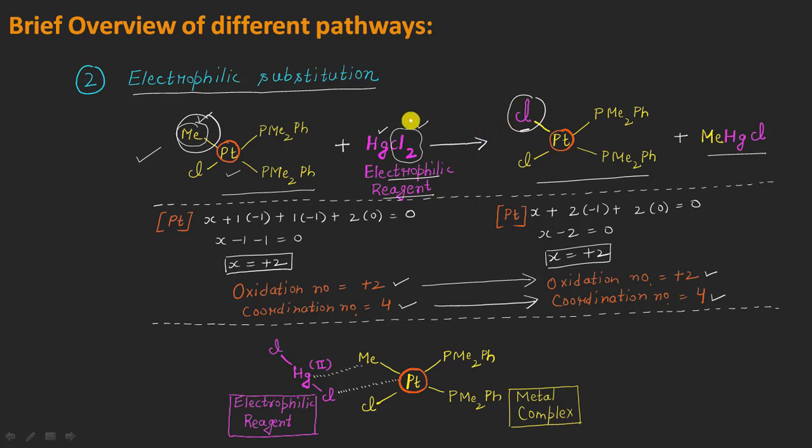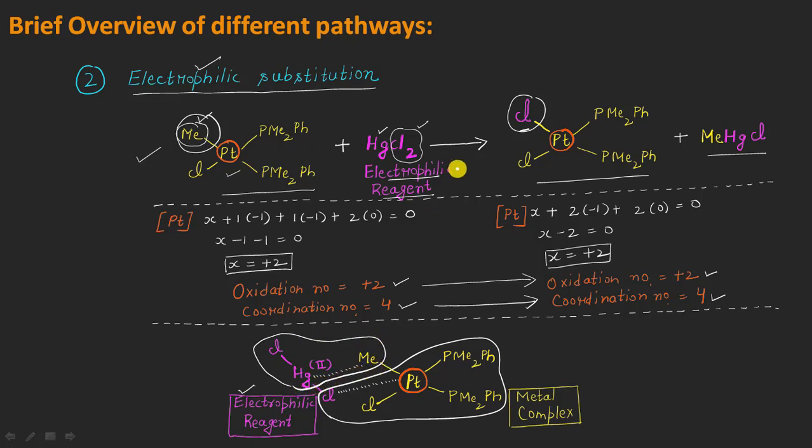But why are we calling it an electrophilic type of substitution? The reason is that we are adding some electrophilic type of reagent here, that is our HgCl2, right? And it is adding onto the platinum and the methyl bond in this way, resulting in the formation of this product here, having square planar type of geometry, and moreover the HgCl and methyl is going out of the system, right?